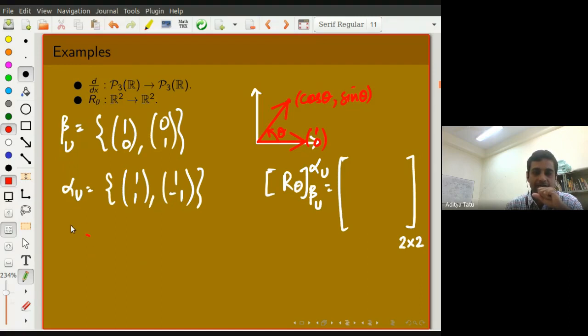So the idea is cos theta, sin theta, you want to represent this output as some scalar times 1, 1 plus some scalar times 1, minus 1. So what would this be? Can you fill in the blanks?